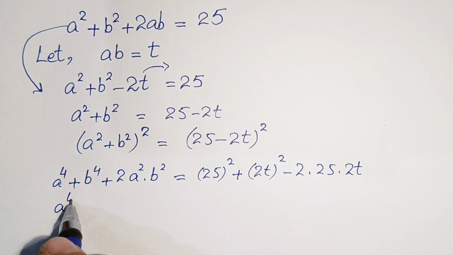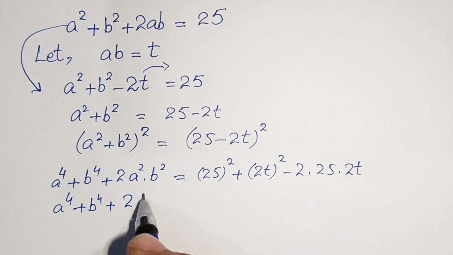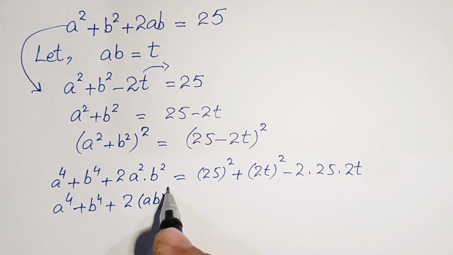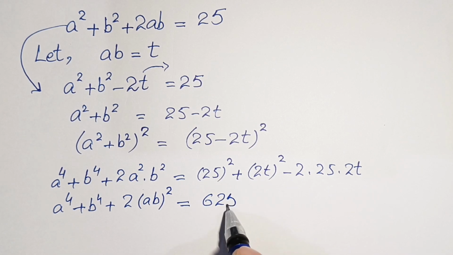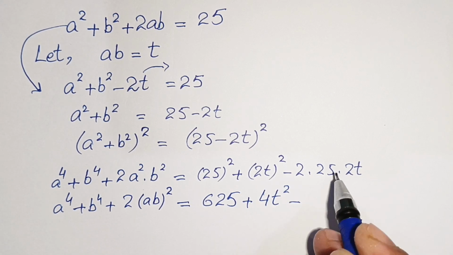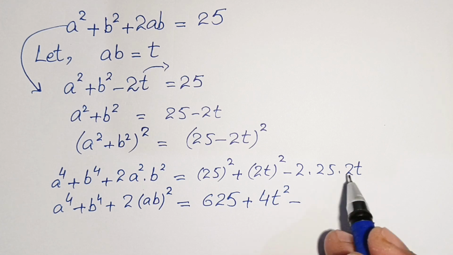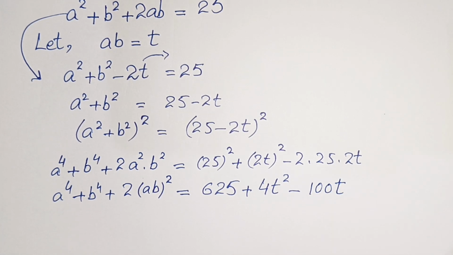Now a to the power 4 plus b to the power 4 plus 2 times a squared b squared, which can be written as ab whole squared, is equal to 625 plus 4t squared minus 100 times t, since 25 times 2 is 50, times 2 is 100.